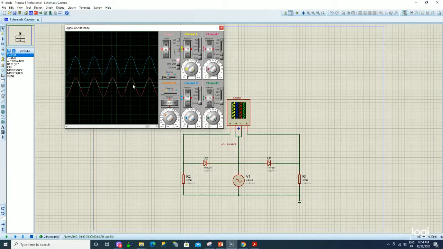We keep only the positive signals. Now, if we enable channel A, what we see is all the positive signal was suppressed by our diode, and only the negative signals pass through.